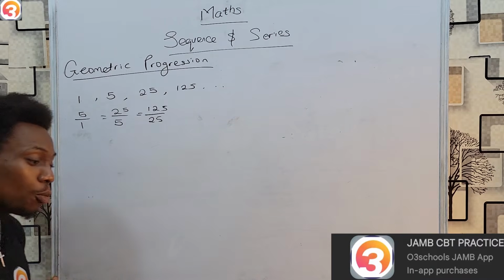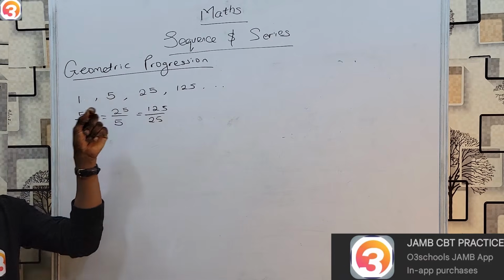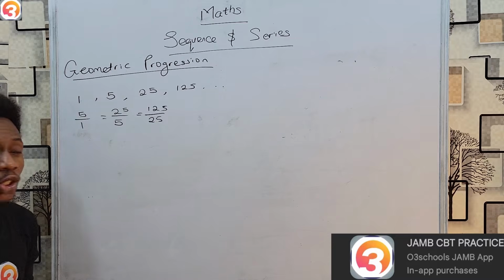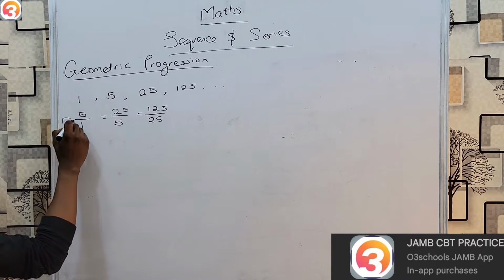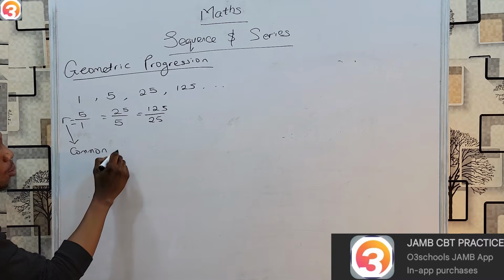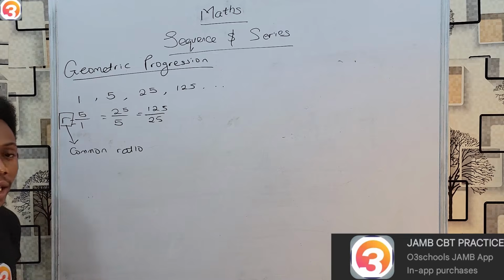Any sequence in which, when you divide any member by what is directly in front of it, you get the same answer, is referred to as a geometric progression. And this number you get when you divide is known as a common ratio, symbolized by small letter r.